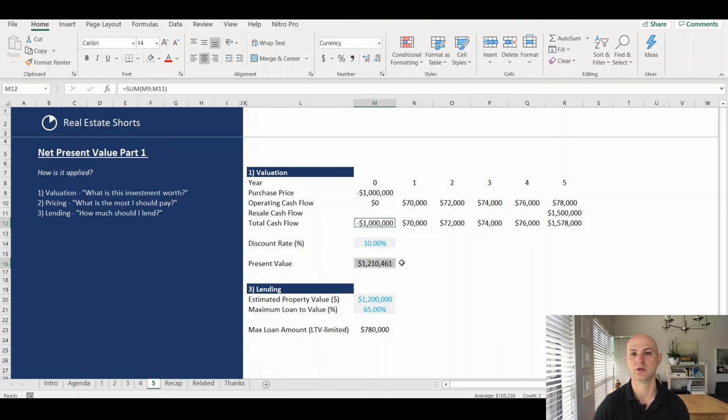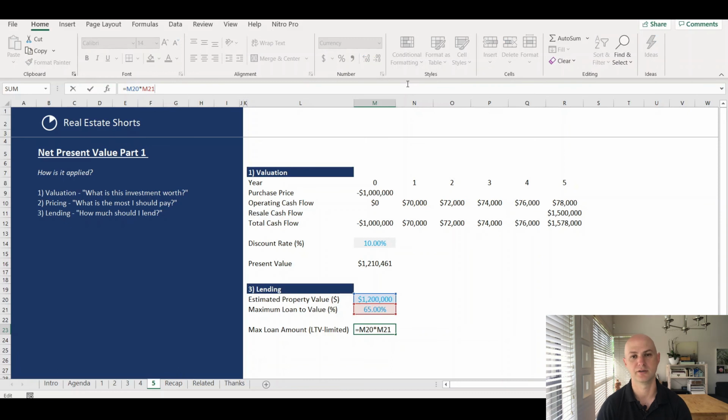We think it's worth $1.2 million. And we're only willing to lend 65% of that $1.2 million. So the most loan we can give you on this property is $780,000, the product of 1.2 million times the 65%. And so lenders are going to be doing their own present value and net present value analyses so that they can get comfortable with how much to lend, proceeds, and magnitude.